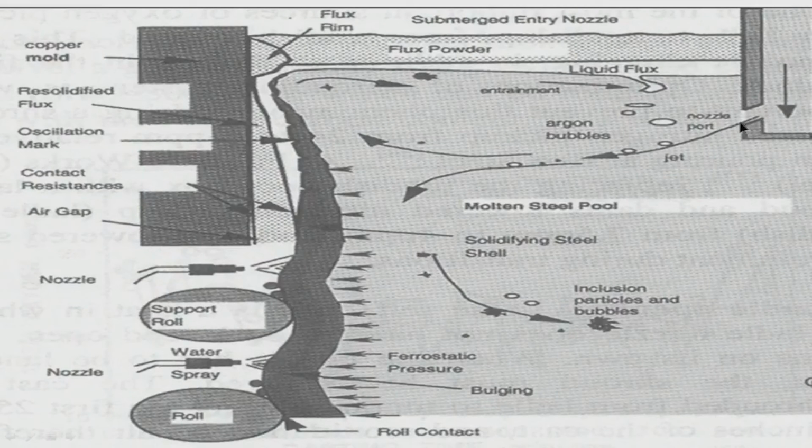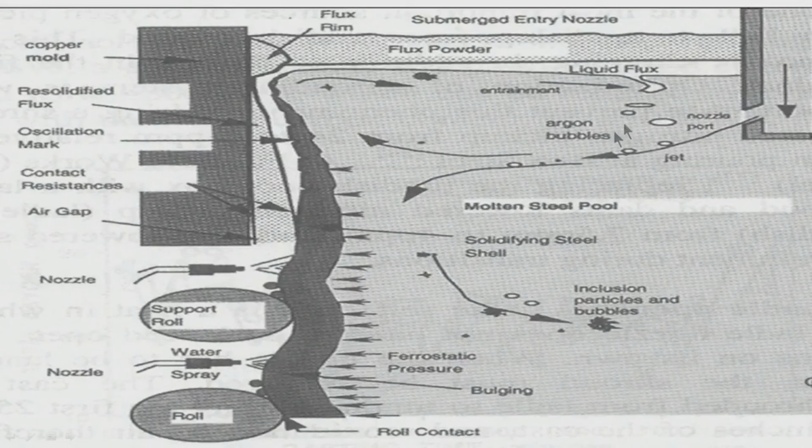So, what should be the submergence? Again, modeling can determine what should be the optimum level of submergence, and what should be the orientation of these ports, whether horizontal, downwards, or upwards. All these have implications for the flow and turbulence of the liquid steel in the mold.